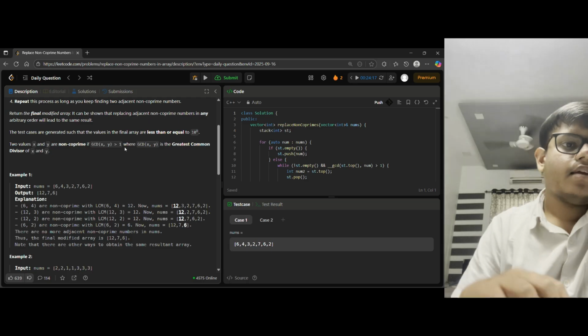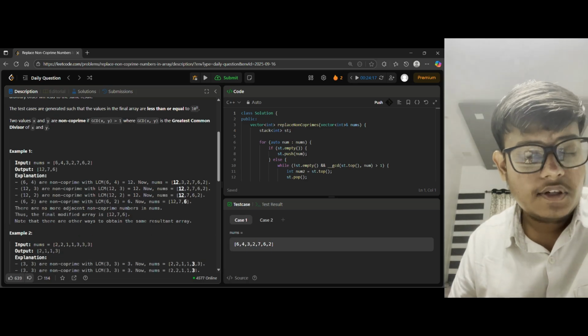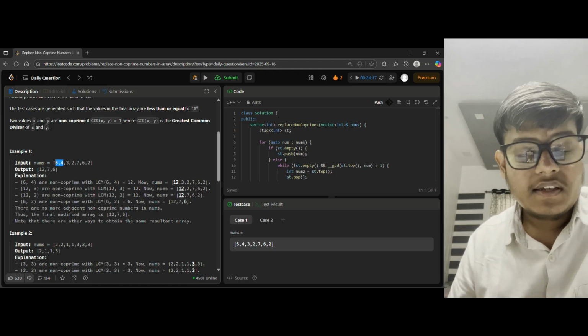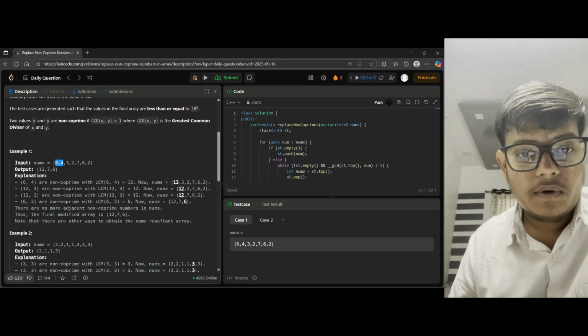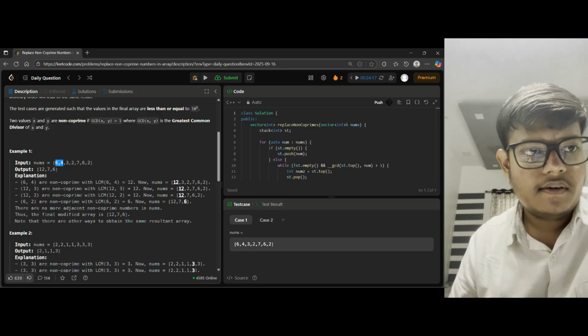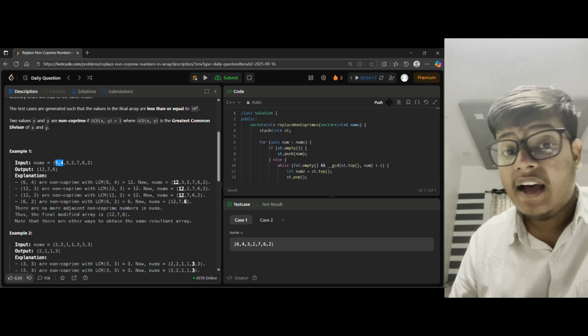So here we can find that first these two are non-coprime since their GCD is 2. So we replace them by their LCM, which is 12. We now check 12 and 3. Are they coprime?